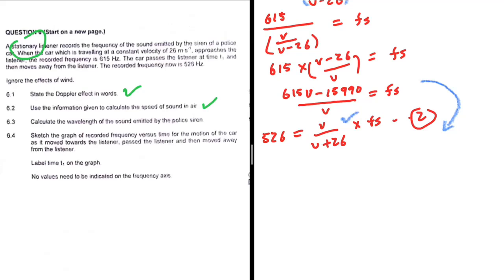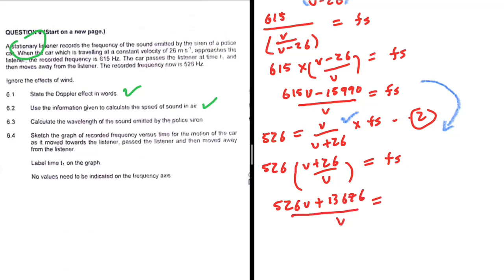If we take that to the left hand side first, we're going to have 526 multiplied by V plus 26, divided by V. We are applying what we applied on the first equation. Let's multiply out before we substitute Fs. So 526 multiplied by V is 526V, and then plus 26 multiplied by 526, that is plus 13,676, everything divided by V. This is equal to Fs.